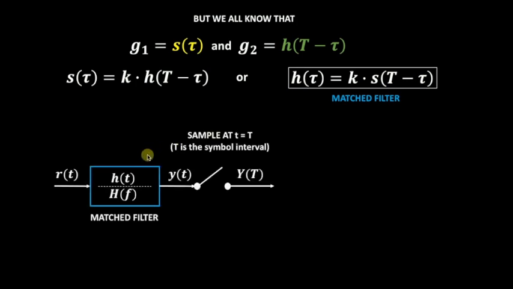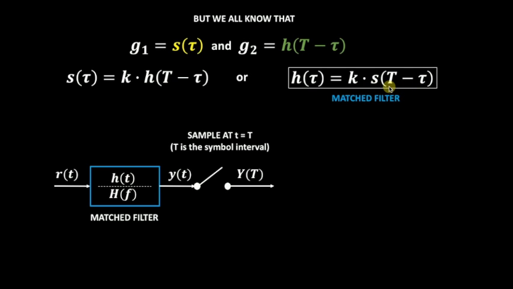So what we're going to use here in order to maximize our signal-to-noise ratio, and for us to have the best decision at the receiving side, is a matched filter. If we interpret what this matched filter does, it is just equivalent to your given signal that is folded and shifted by t.